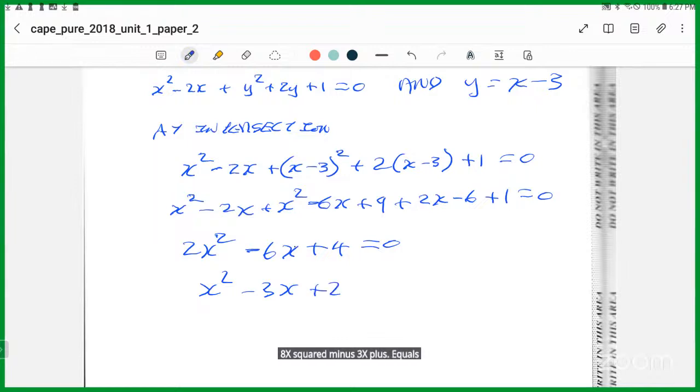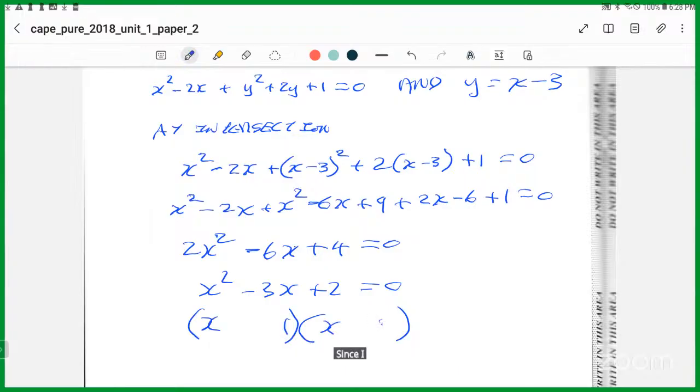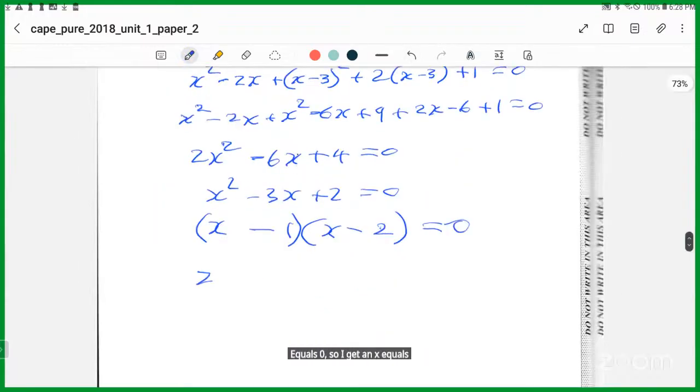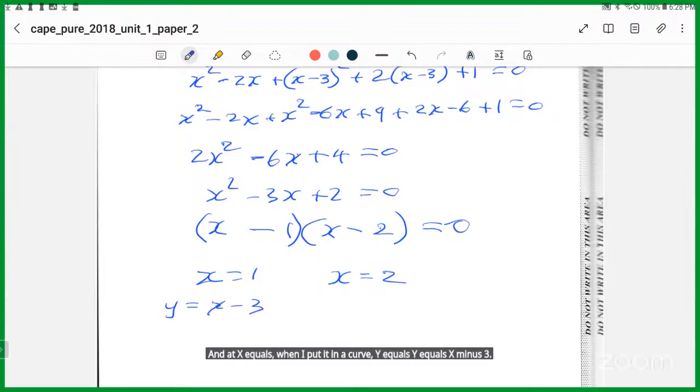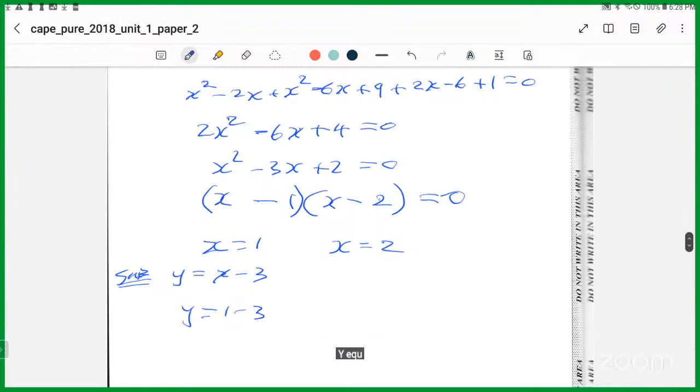You factorize this, you get x and 1 and 2. Signs are the same, they are both negative. So you're getting x equals 1, x equals 2. And at x equals 1, I put it in the line, y equals x minus 3. So subbing that, you're going to get y equals 1 minus 3, y equals minus 2.